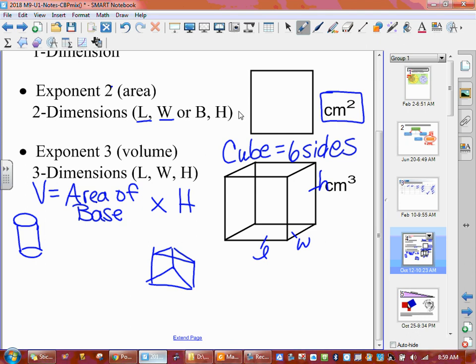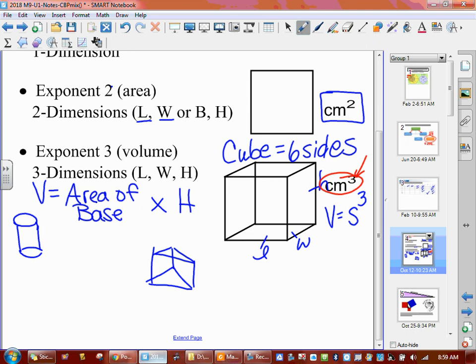They're the same length. So we can easily say length times width times height, or we could say volume is side cubed. 3 of the same sides. Okay? Again, for volume, the units are cubed on purpose. That 3 means that we measured 3 dimensions: length, width, and height. Okay?